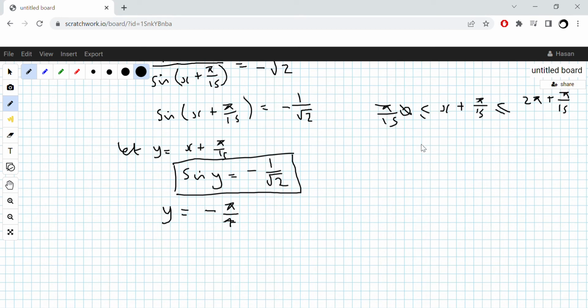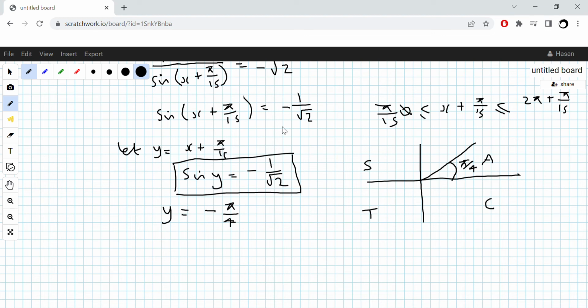When we look at our cast diagram, that is corresponding to this value, pi over 4. When we look at this expression, this is showing us that sine y is negative.